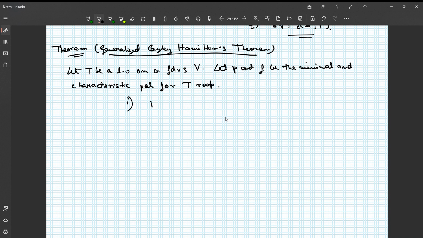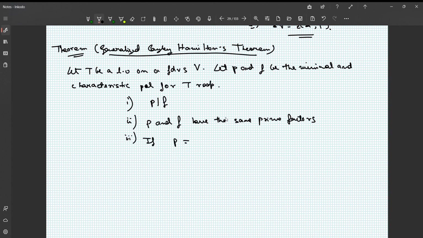Okay. Then number one, we have that the minimal polynomial divides the characteristic polynomial. Number two, we have that P and F have the same prime factors.